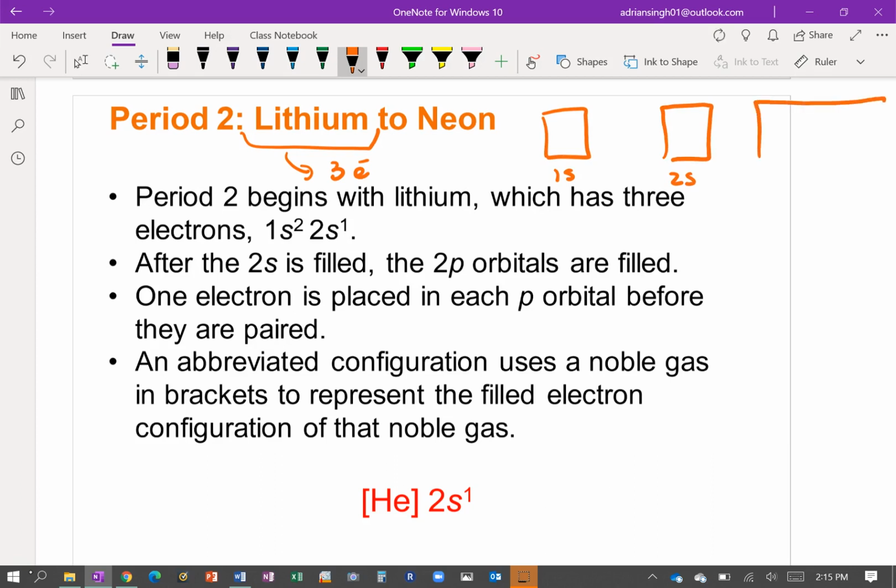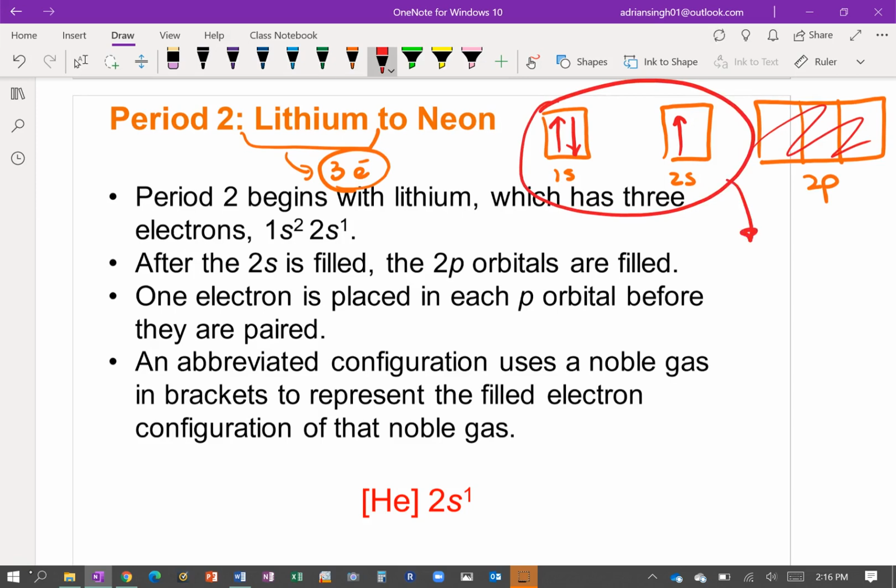And then, if we need to, we'll have our 2p with 3 boxes. We have 3 electrons to put in for lithium. So the first one goes in, second one pairs up. And then our third electron goes into the 2s. We have no electrons remaining, so we can just disregard the other ones that are left.